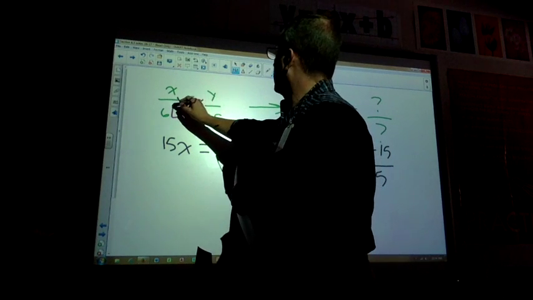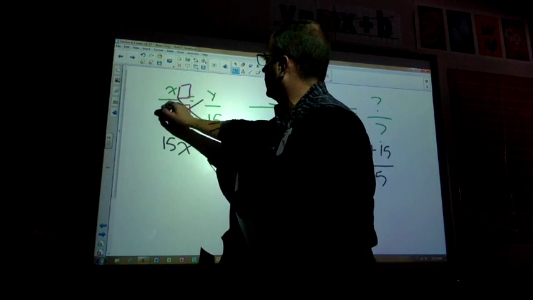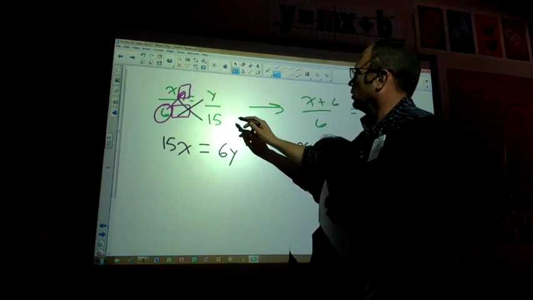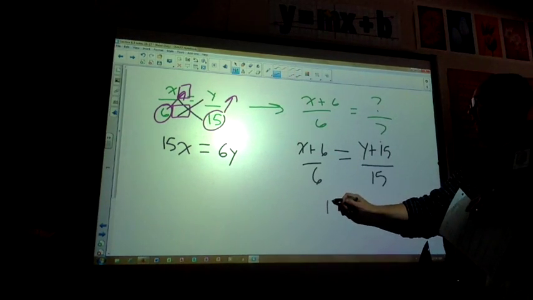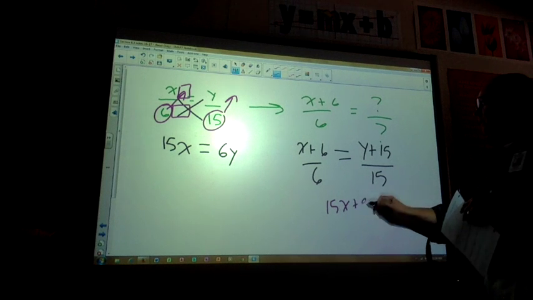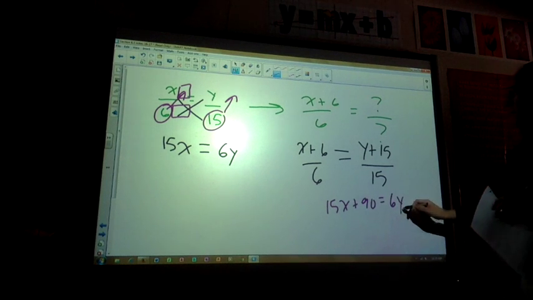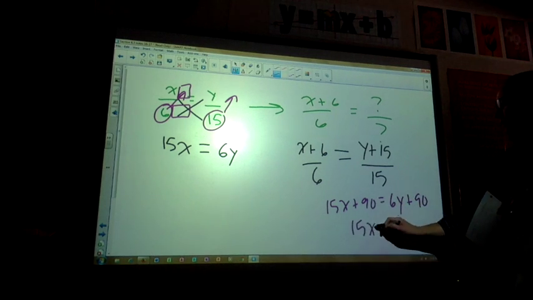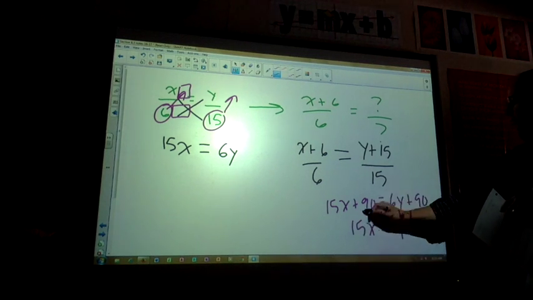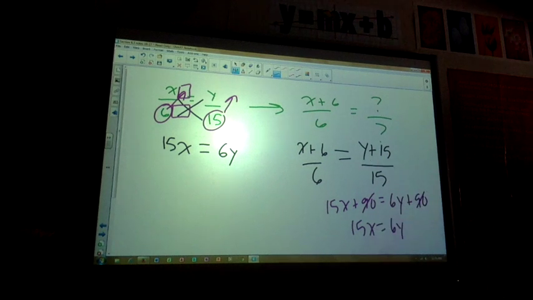They took this and added it. So we're going to take this and add it. The reason why this is going to work, if I cross it, then I'm going to get 15x plus 90 equals 6y plus 90. If I subtract the 90s, I get 15x is equal to 6y. And that verifies that it works.